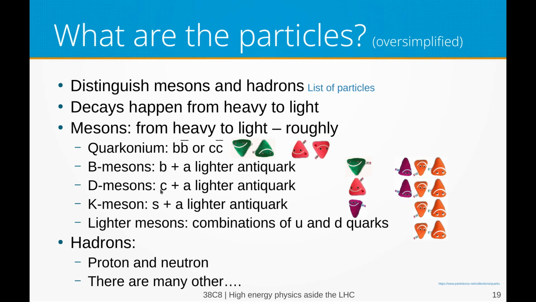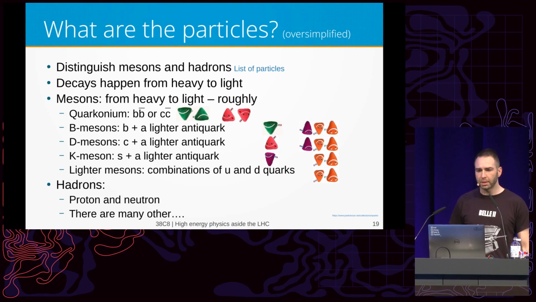Then we have the D mesons, which are a C quark and a lighter anti-quark again, U, D, S, C. The so-called K mesons are even lighter than the D mesons. And in the end, we have the lightest mesons. Many of them are stable, on the order of a couple of microseconds, and if they decay, this is what we can see in the detector.